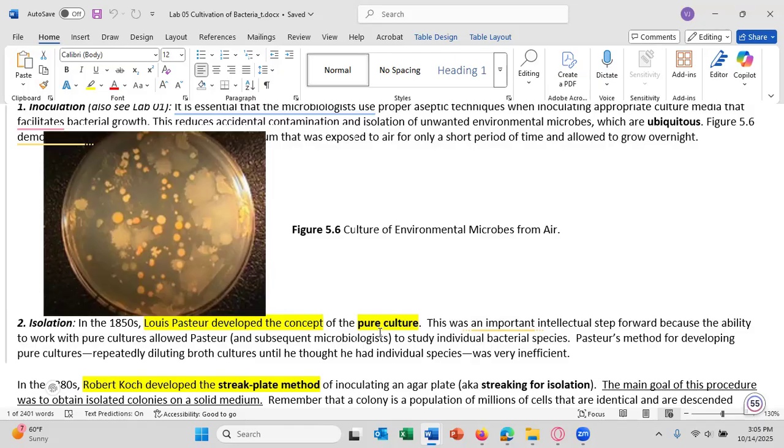In fact, the current chair of the biology department was trying to study some organisms that were fixing nitrogen from the air, and he was trying to get a pure culture, and he kept streaking it out, and he couldn't get a pure culture of the culture he was wanting.